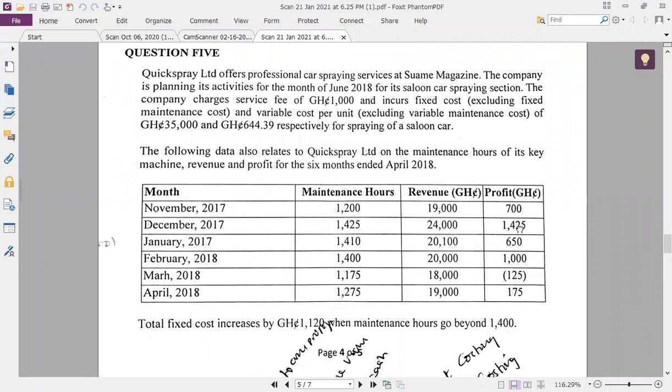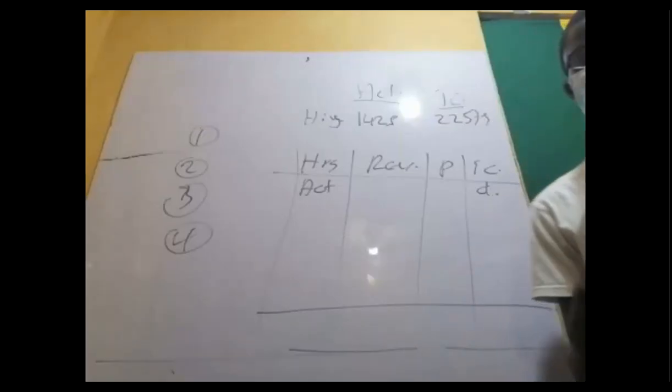So 24,000 less 1,425, so the cost over there is 22,575. Great. Good. So that's the second step. 22,575.